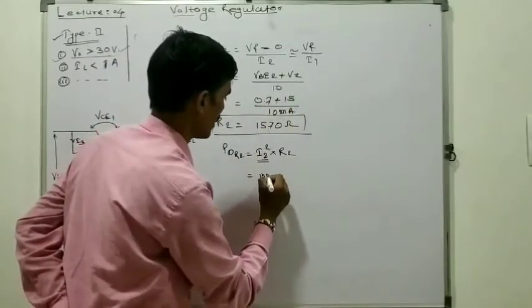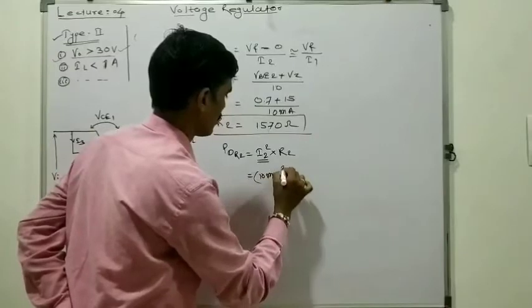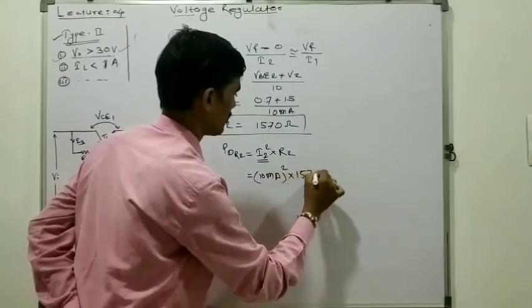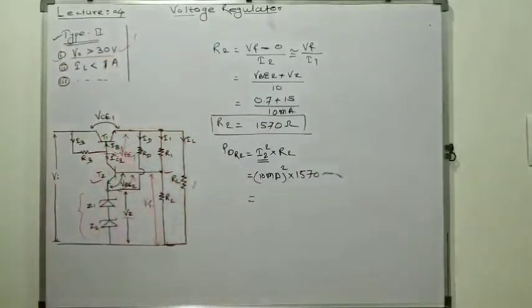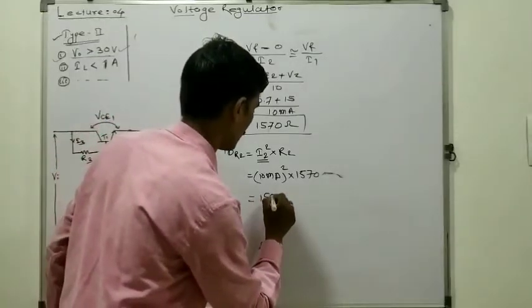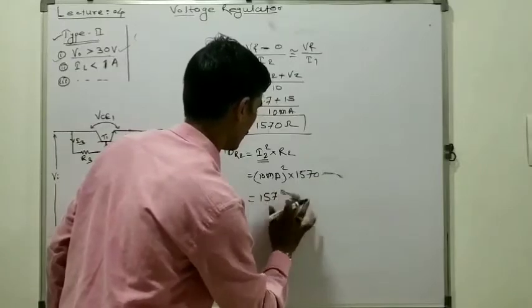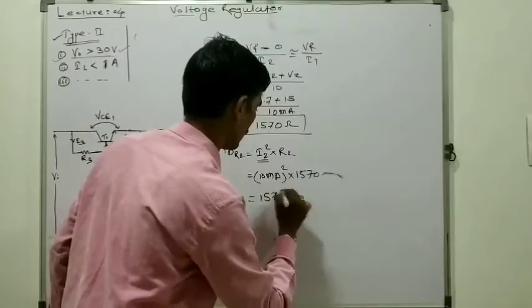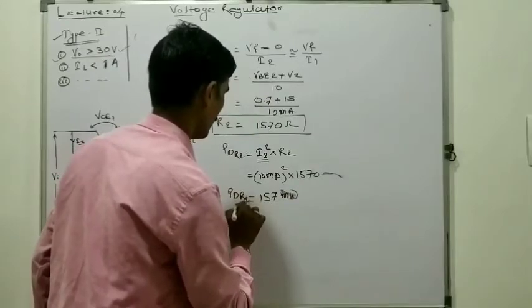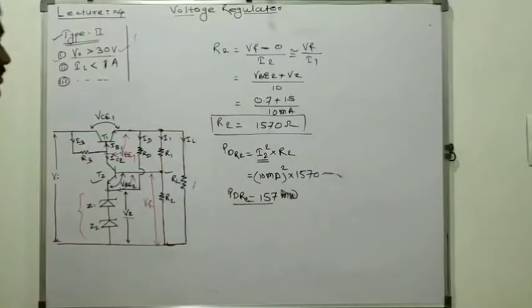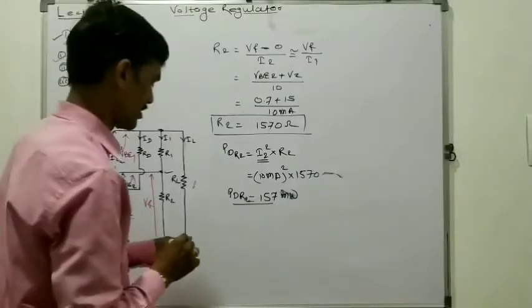So it is 10 milliampere square multiplied by 1570. So this is nothing but the power dissipation across this, that is 157 milliwatt. So we can select a 1/4 watt resistance R2.